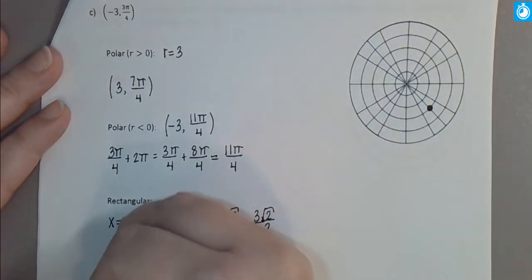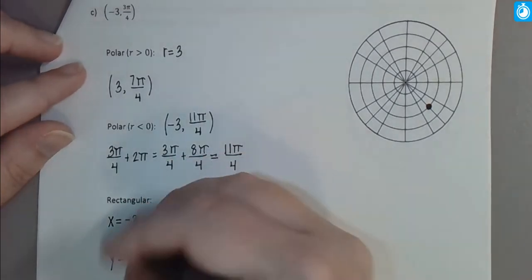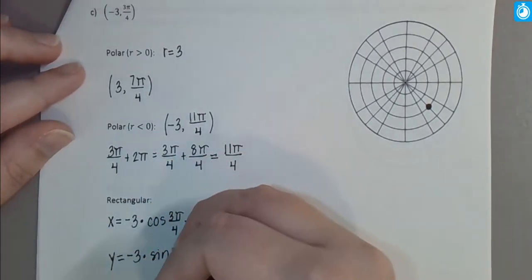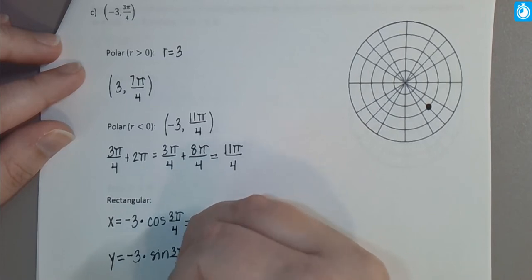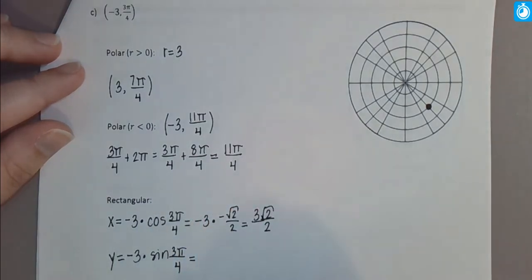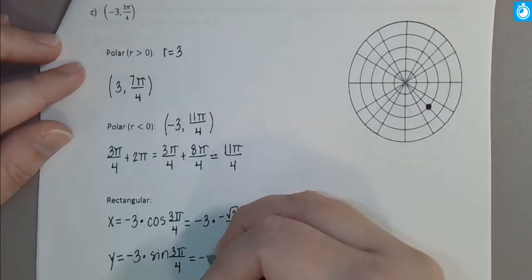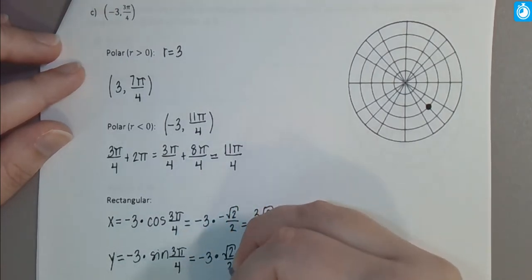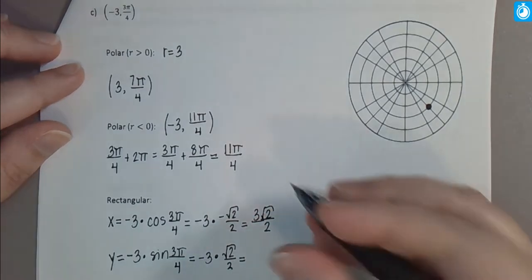Okay, and then my y is going to be -3 times the sine of 3 pi over 4. At 3 pi over 4, the sine is positive √2 over 2. So that's going to be -3 times positive √2 over 2. And here the negative is going to stay.